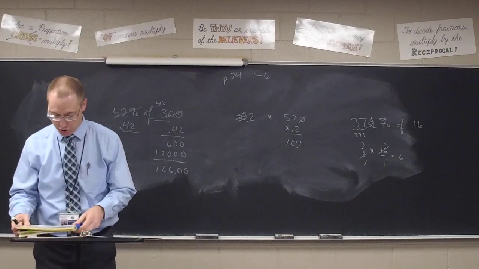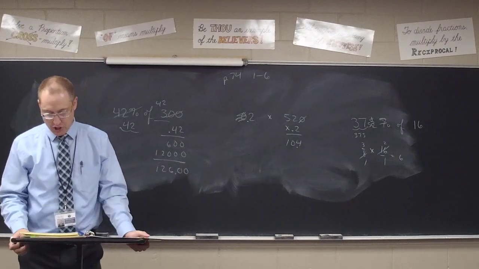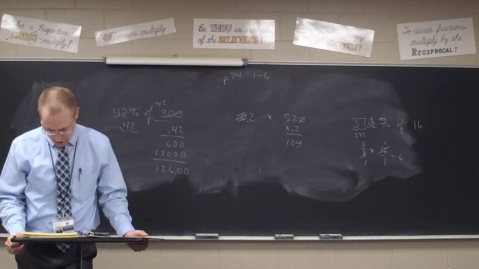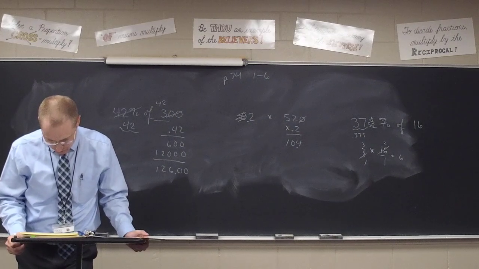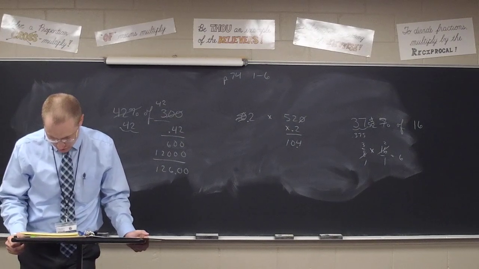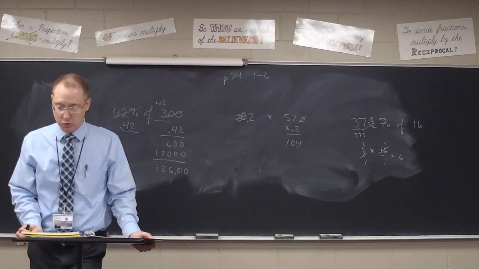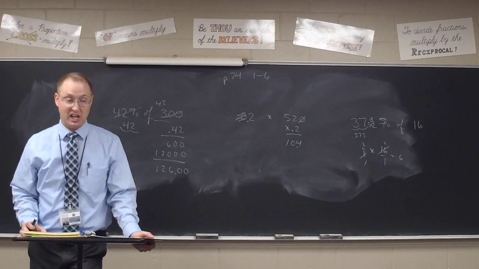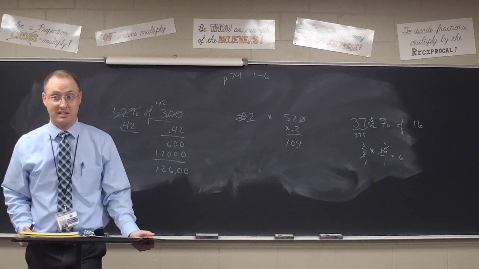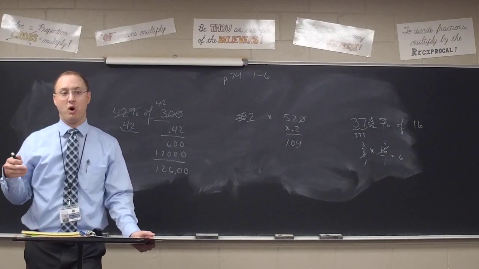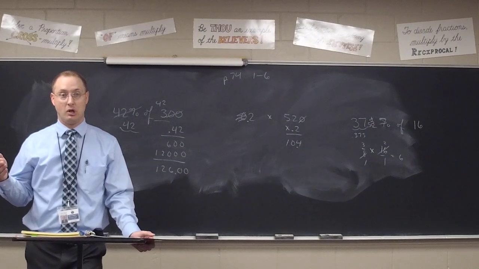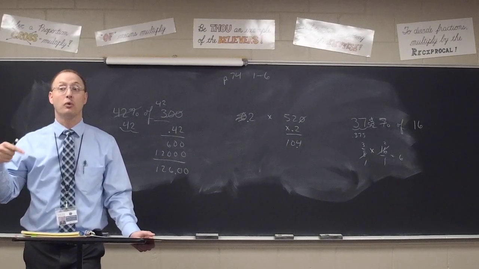Look at the next page. There's one I wanted to draw your attention to. Look at number 13, class. On this one, do you see the 16 2/3%? 2/3 is what decimal? 0.6 repeating.